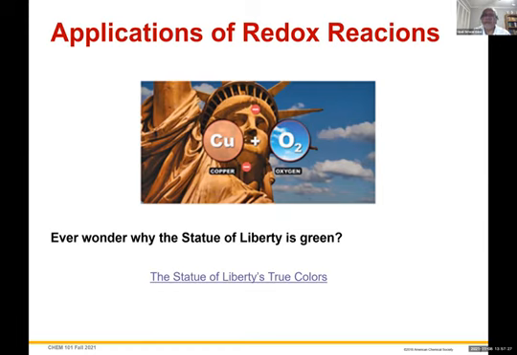But with the oxygen in the air, copper gets oxidized to copper 2+, and oxygen gets reduced to oxide ion, gaining electrons. So there's a redox reaction taking place between copper and oxygen. This is an application, an example of a redox reaction. Copper is oxidized, oxygen is reduced to oxide.